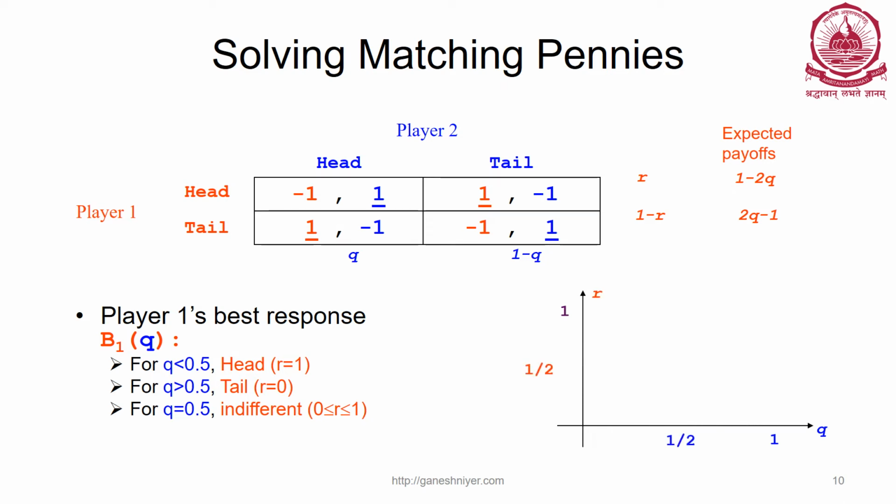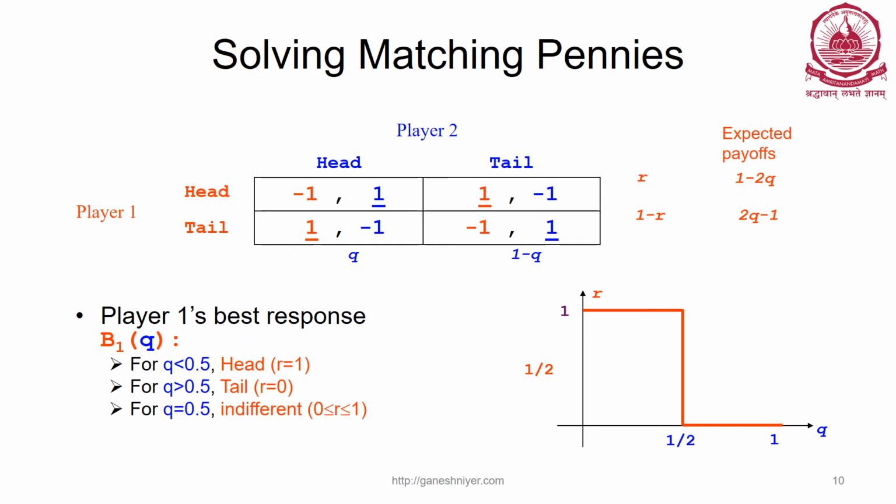Can you do a similar analysis so we can also plot this on a graph. This is how it looks. Can you pause the video, calculate the same thing for player 2. As a function of R, can you determine the best response for player 2?